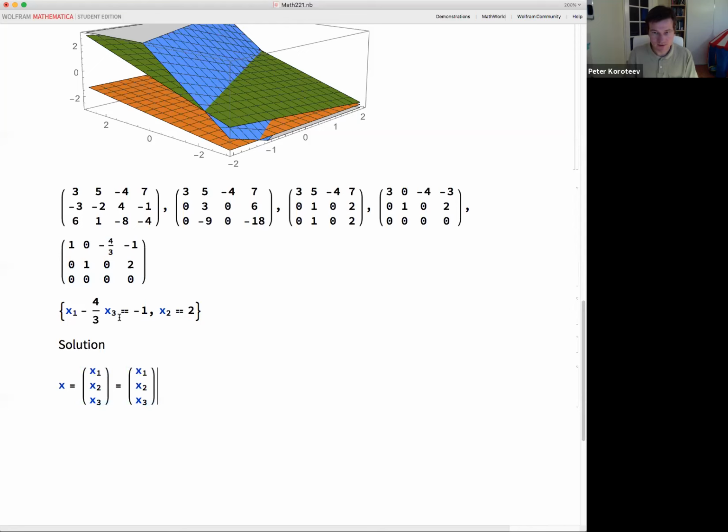And then instead of x1, we can write that x1 is equal to 1 minus 1 plus 4/3 x3. Right, so we can replace this with x3. So x2 is equal to 2, and here we have x3. Right.